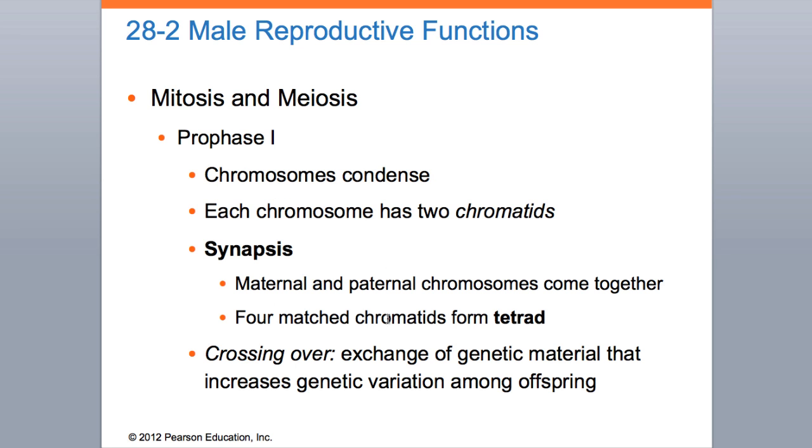Next slide. This is again a rehash of general biology. So if you didn't learn this, it is important to keep that in mind. Now the reason why this is being brought up as a refresher is to let you know that because in meiosis we have crossing over, we're going to get a genetic variation.